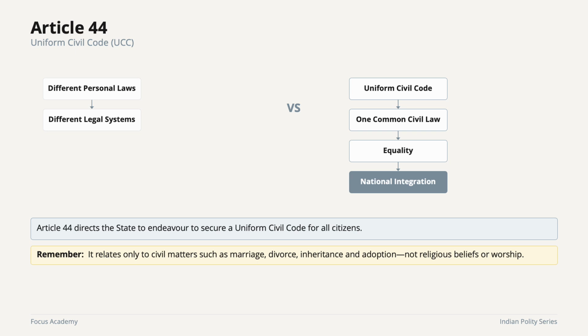The only exception is Goa. Goa has had a uniform civil code for, I think, more than 200 years, because when the Portuguese controlled Goa, they introduced the Portuguese uniform civil code, which still exists to this day.